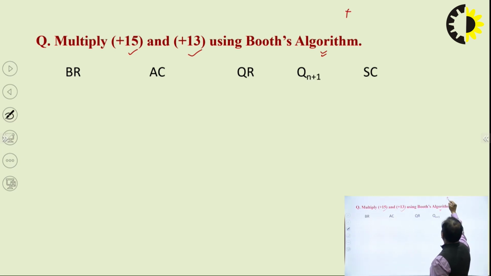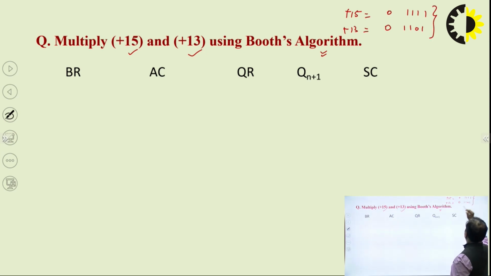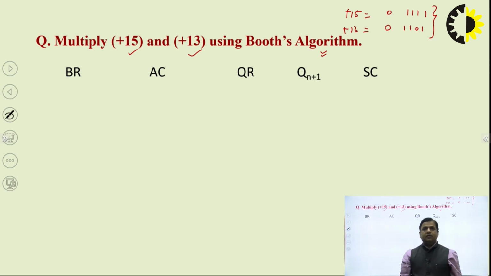So plus 15 is 0 followed by all ones, and plus 13 is 0 1 1 0 1. So this is the signed representation of these two numbers. Plus 15 equals 0 followed by 4 ones, and plus 13 equals 0 1 1 0 1, right.